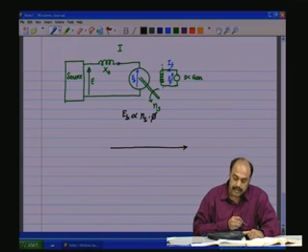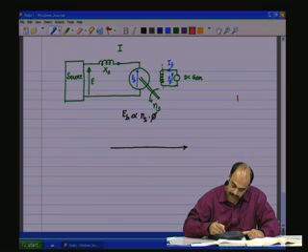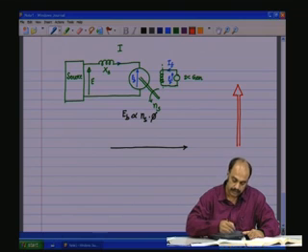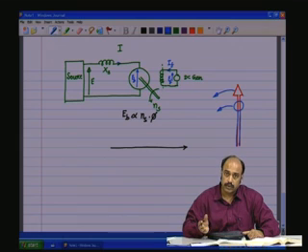Now the speed ns is actually the rotor speed, and if I represent the red arrow as the stator and the blue dumbbell as the rotor, so if the stator field is rotating, the rotor also rotates, and both are rotating in synchronism.